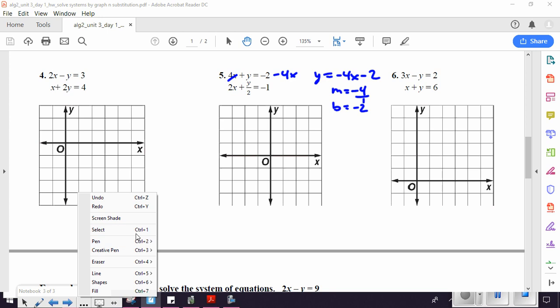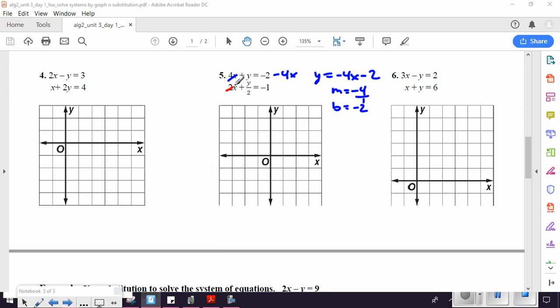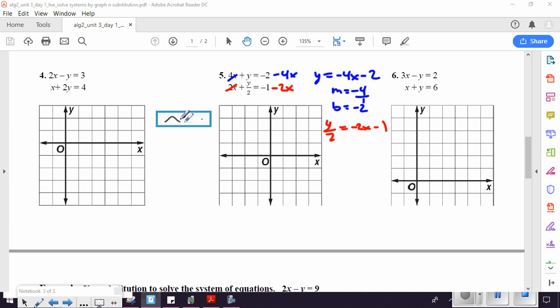For equation 2, you would subtract 2x on both sides. So you would have y over 2 is equal to negative 2x minus 1. y over 2 is also the same thing as y divided by 2, so that means to move that 2, you would multiply everything by 2.